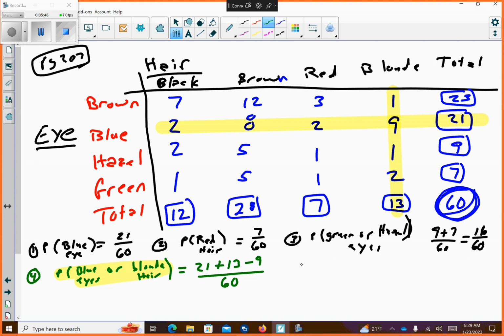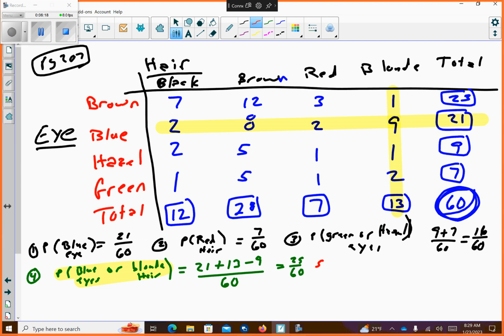So blue eyes, we got 21, right? So 21 and 13 is 34. 34 minus 9 is 25. So I have a 25 out of 60 chance. You see how I didn't double count the 9 twice? I subtracted a singleton 9 from it, so that's kind of important to see.